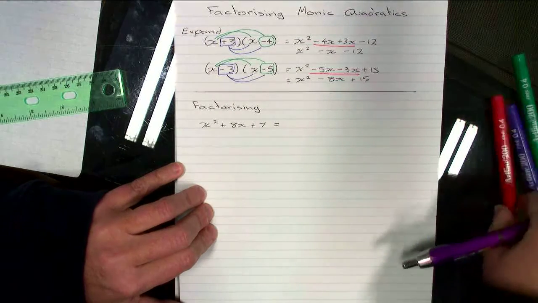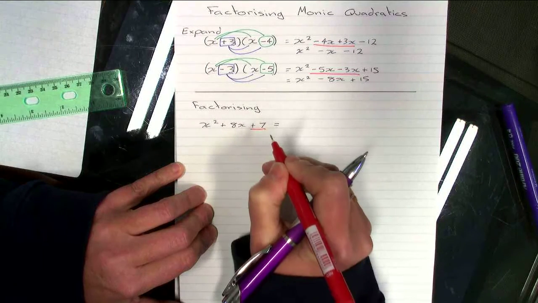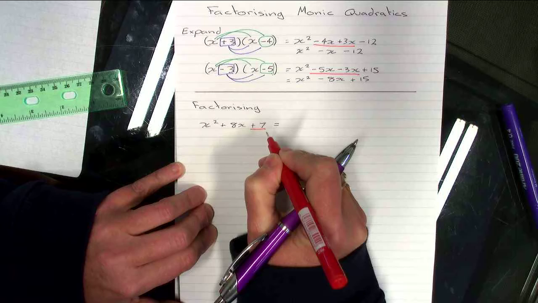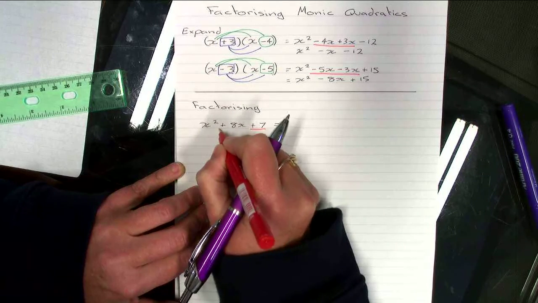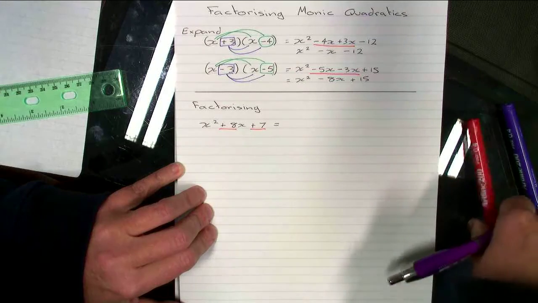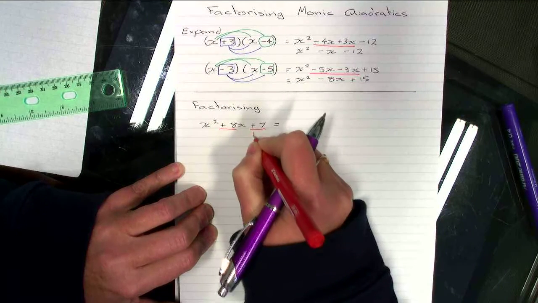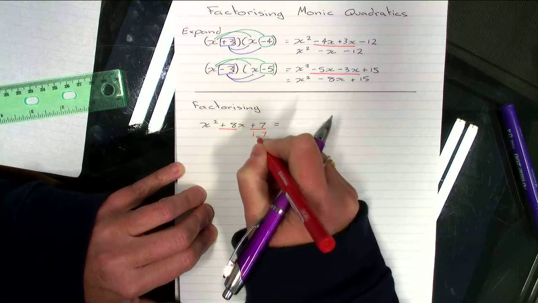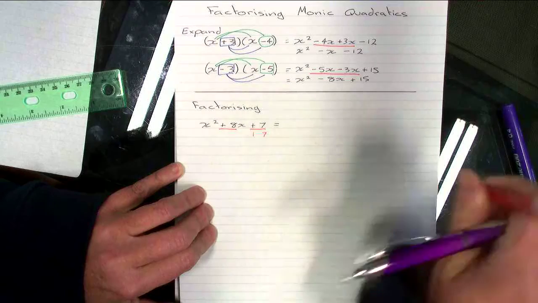As I said previously, what we're looking for is the factors of 7, so two numbers that multiply to be 7 and add to be 8, which is pretty straightforward because 7 is a prime number, so the numbers are 1 and 7. 1 times 7 is 7, 1 plus 7 is 8.